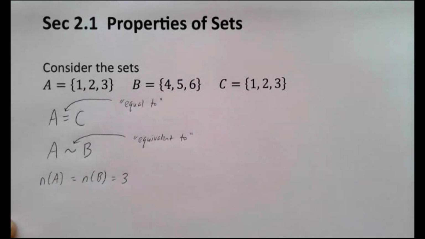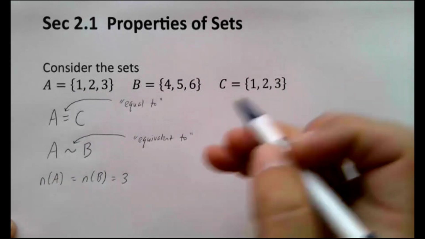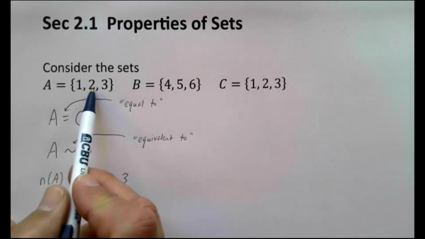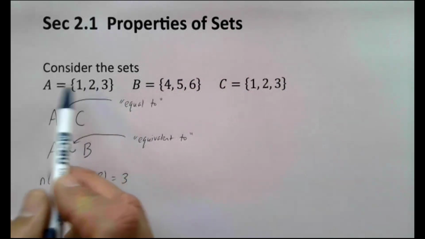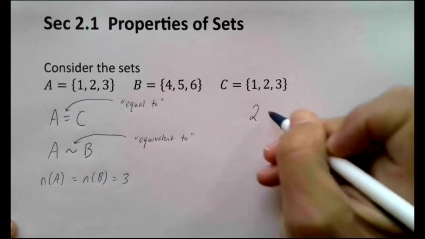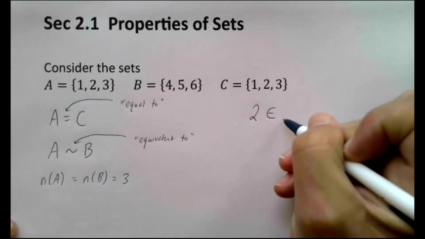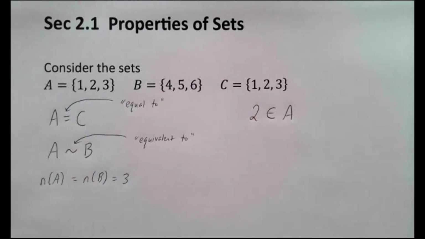Another thing I could say using some of the definitions is, for example, the number 2 is an element of set A. So you remember this notation right here? The number 2 is an element of set A. So that's a true statement.